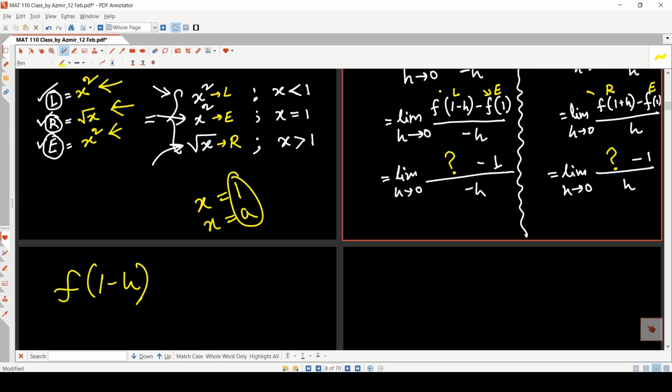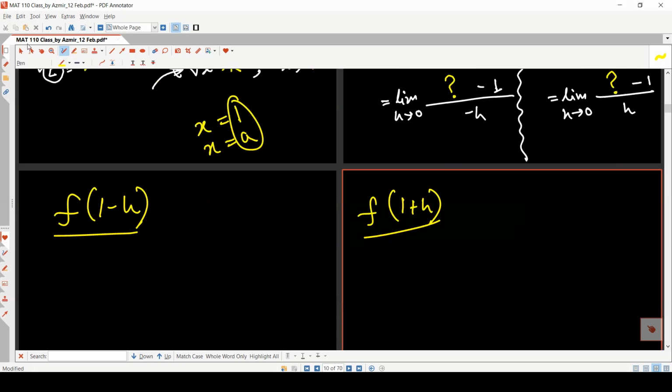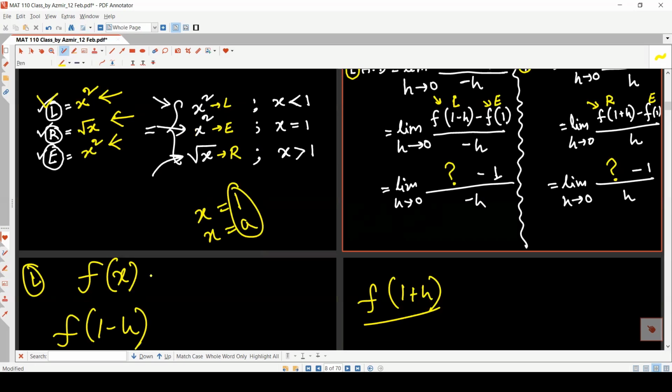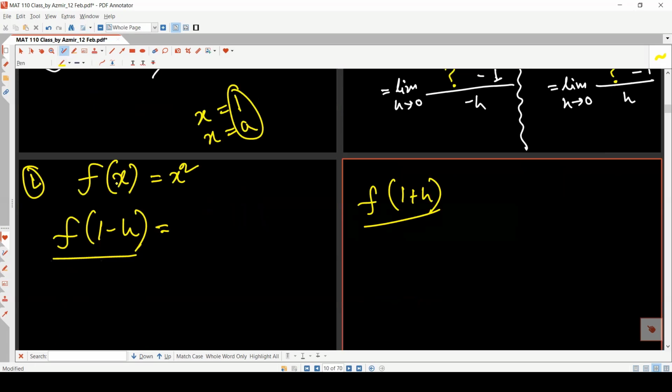You can see that when we have to find f of 1 minus a, then we will use the left side function, so x squared. That means in left side we have the x squared function. In this function we have to input 1 minus a.